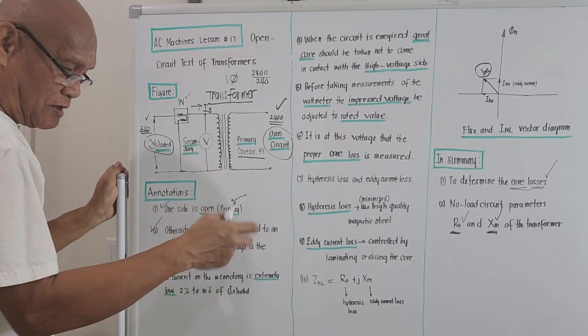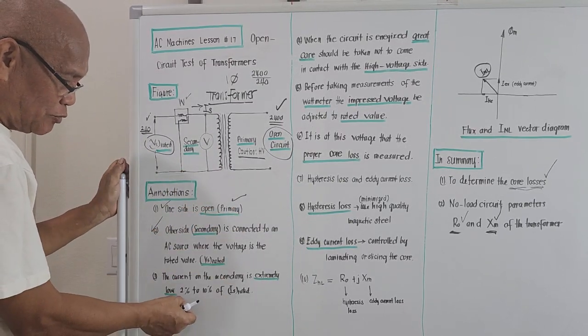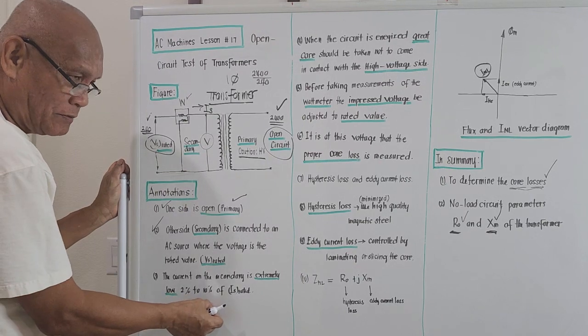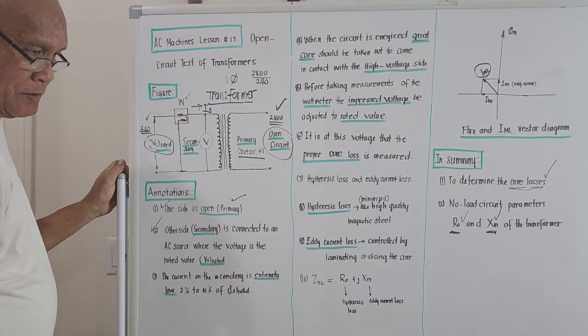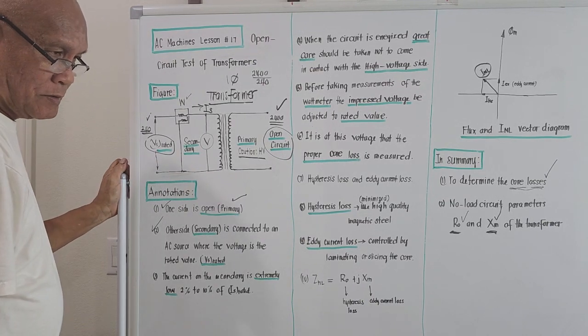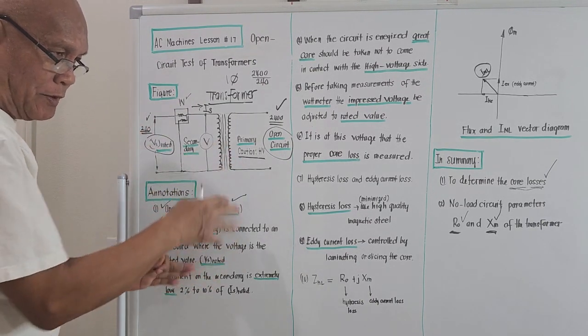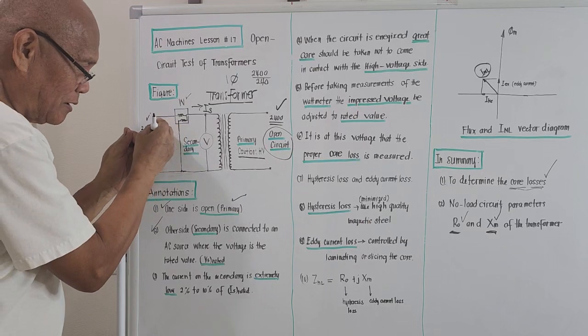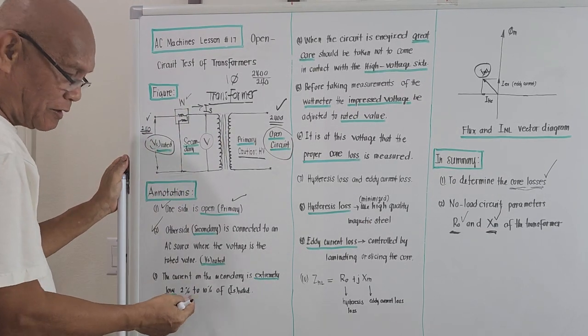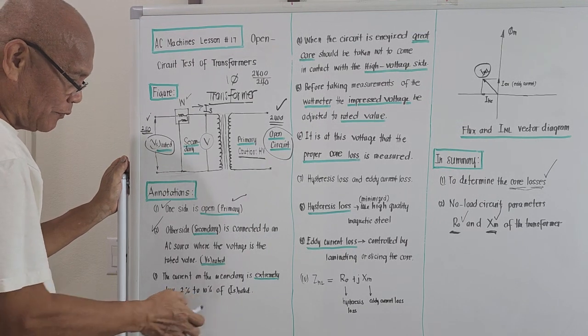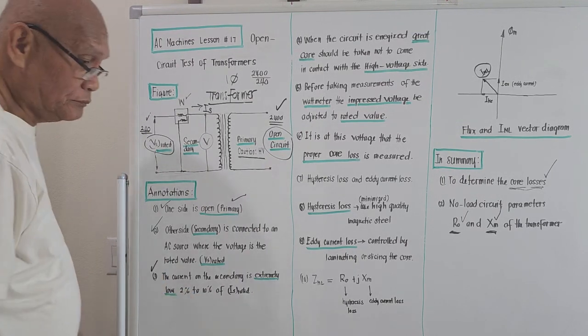According to this side notation, it is only 2 to 10%. Okay, so if the rated secondary current is assuming 400 amperes, during the experiment the value of the current on the secondary will only be in the range of 2% to 10%. Oh, that is the side note.